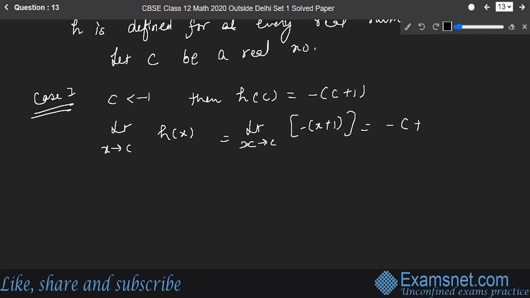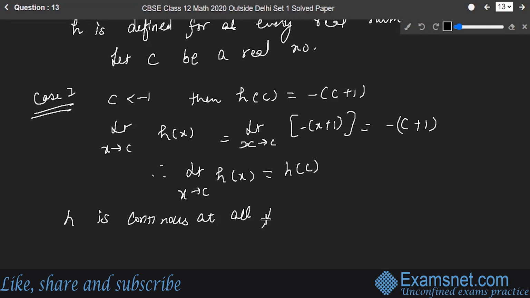This is equal to minus of C plus 1. Therefore, the limit as x approaches C of h of x is equal to h of C. Hence, h is continuous at all points such that x is less than minus 1.